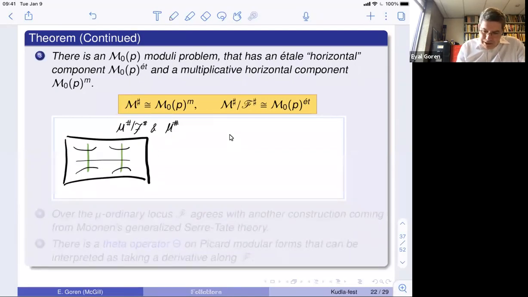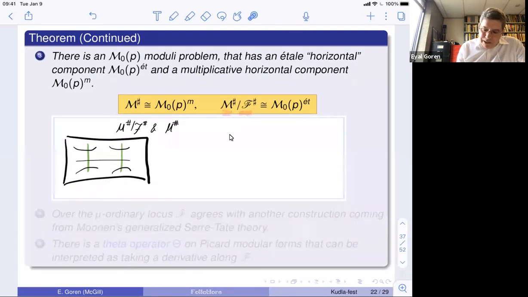So there's one component of M_0(p), which is the multiplicative component, which is just this blow up of the base moduli problem at the superspecial points. There's another component which is rather similar to it in the sense that this étale component of M_0(p) is this M sharp divided by the foliation.